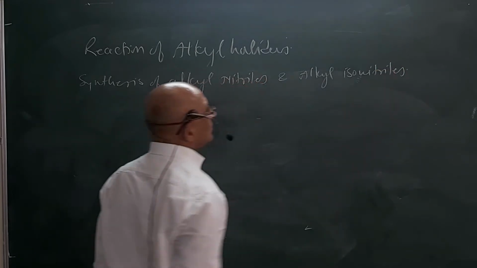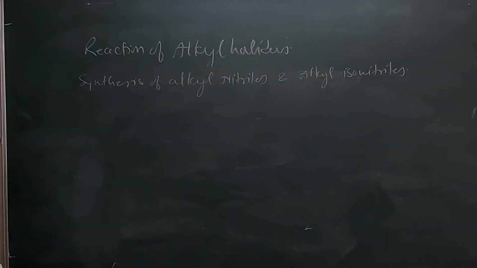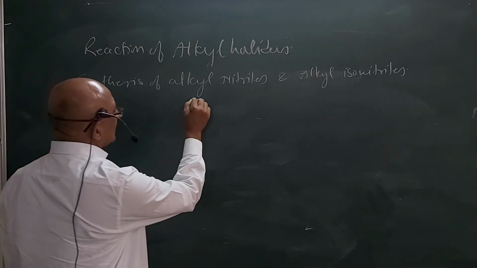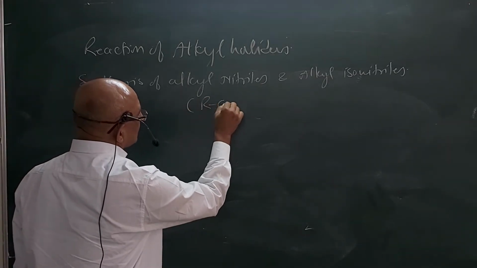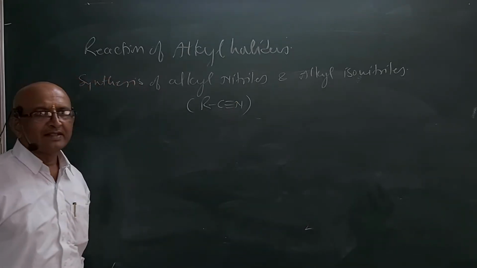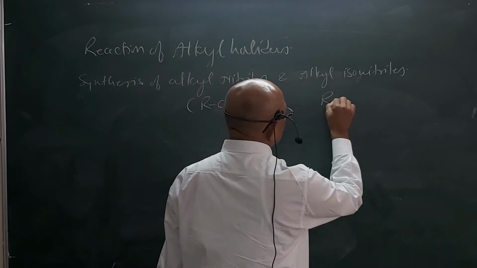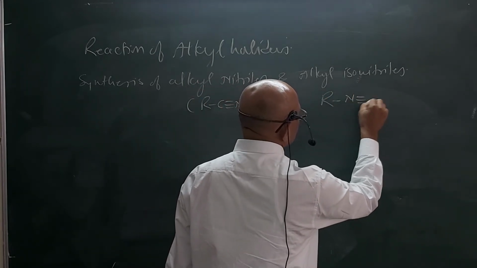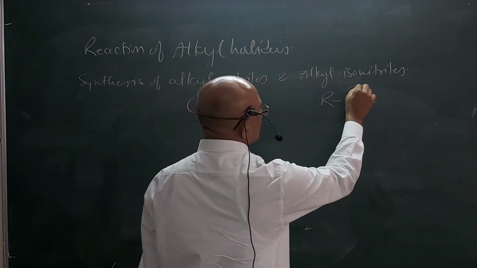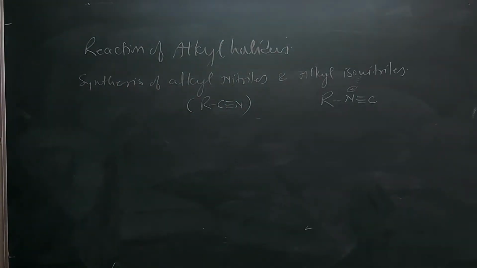Again here, in the same way, there is a basic difference in the structure: R-C≡N is termed as alkyl nitriles, and R-N≡C is termed as isonitriles.